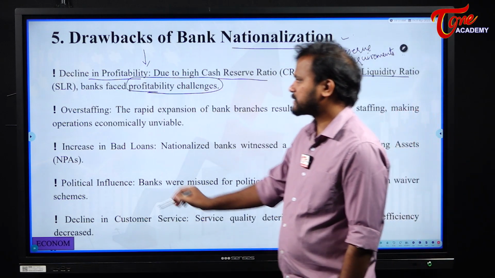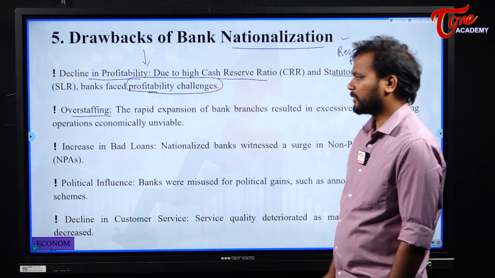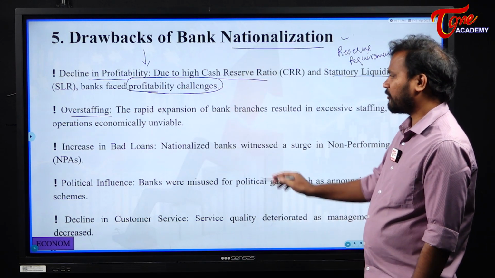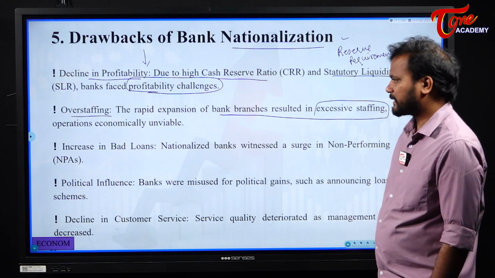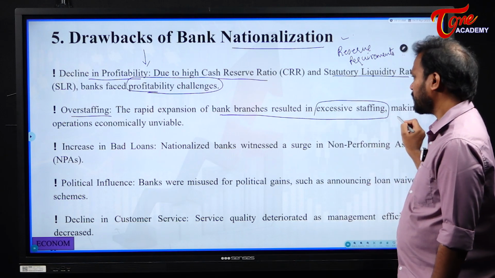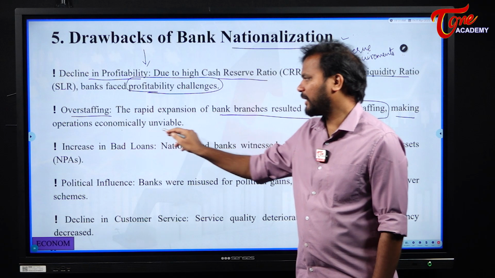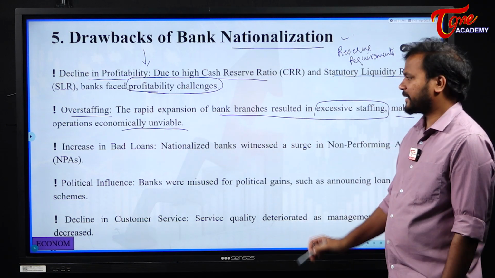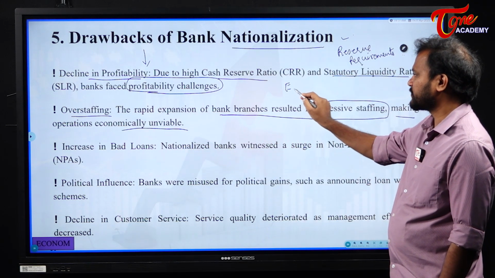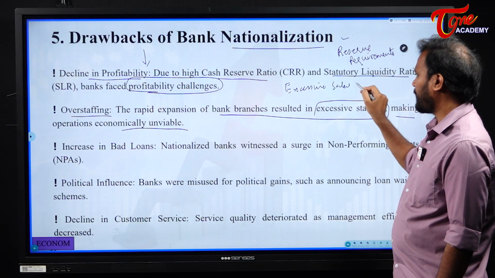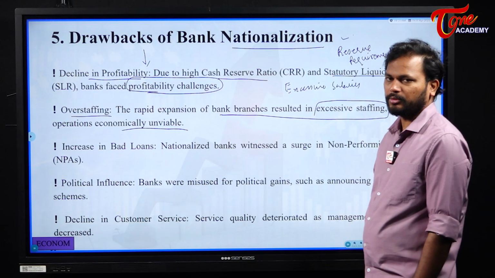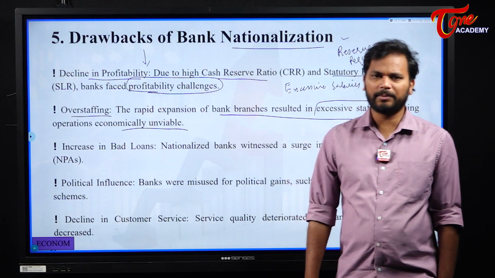Next, the overstaffing. See, the rapid expansion of bank branches resulted in excessive staffing, making the operations economically unviable. Excessive staffing means excessive salaries. The banks need to operate in the rural areas.